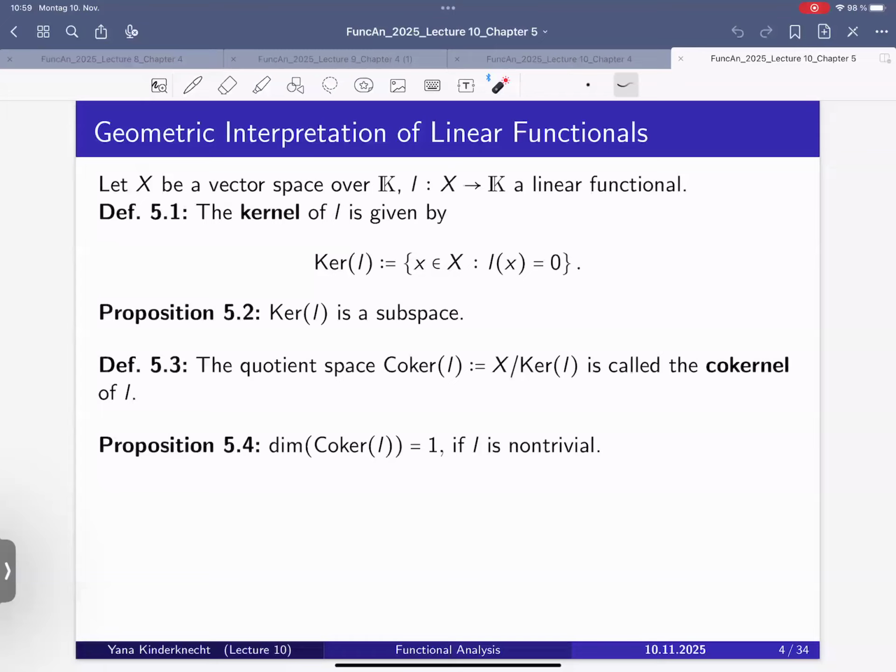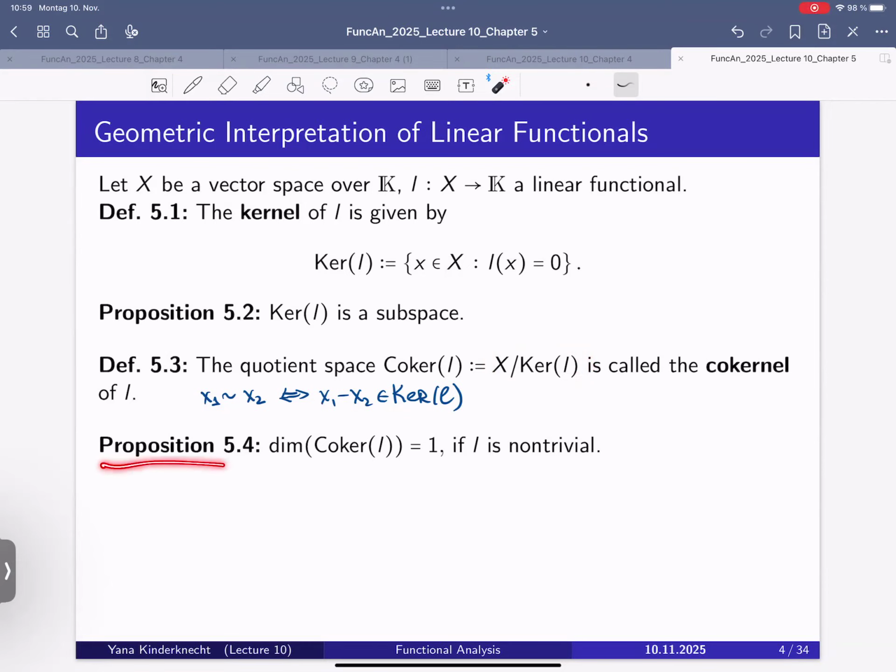We consider classes of equivalence, and the equivalence is given as follows. We take x1; x1 is equivalent to x2 if and only if x1 minus x2 belongs to this subspace ker L. This gives us the equivalence in X, and we consider all classes of equivalence. This is the factor space.